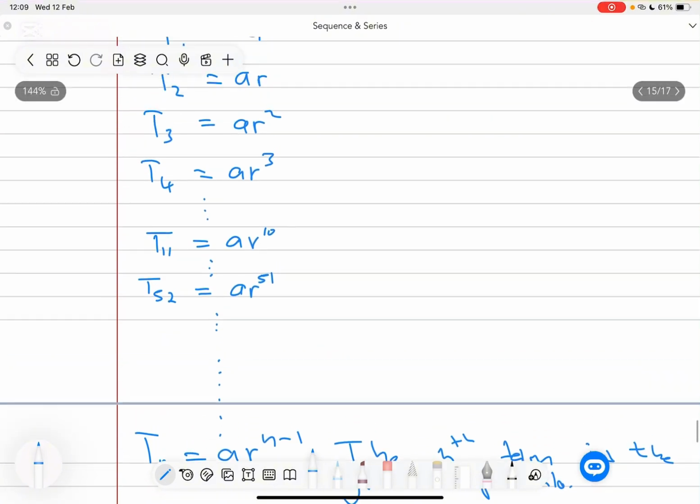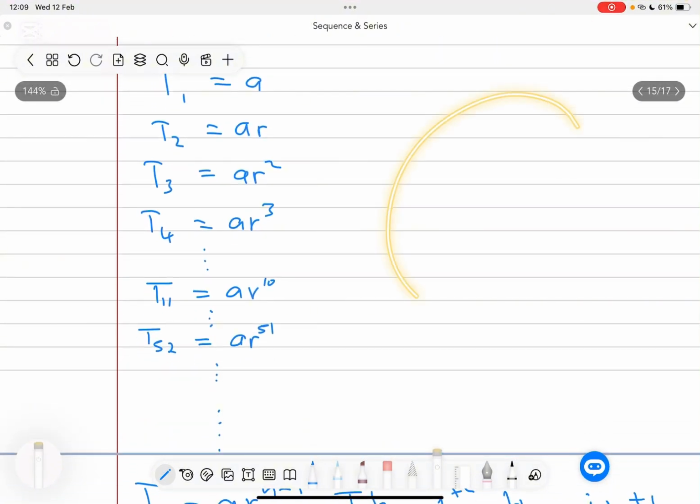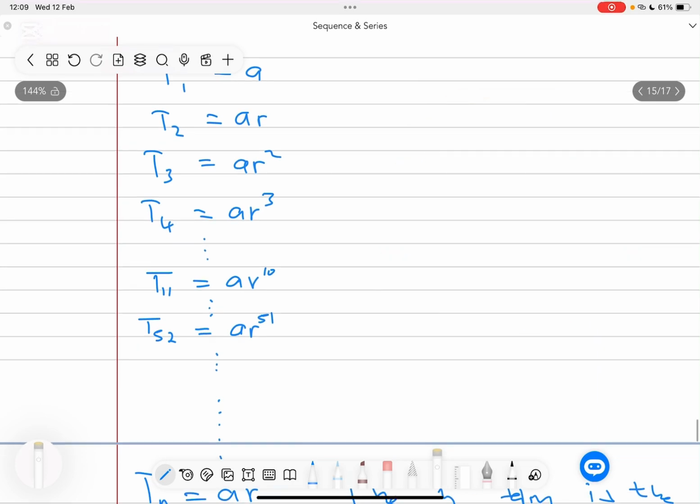So for instance, if I were to take the formula Tn equals a r to the power n minus 1, and I were to look for term 1, in other words, I'm going to have my n equal to 1 because I'm looking for term 1.